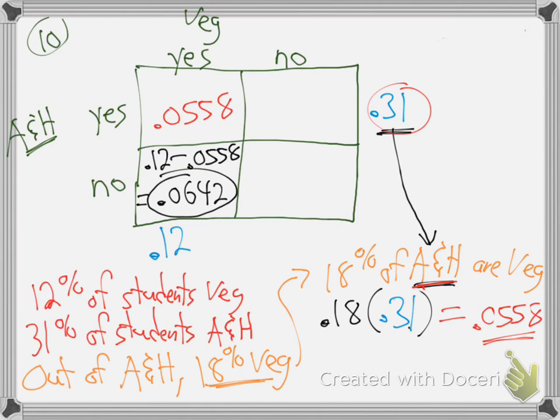Right, good. So I'm just doing it by subtraction now, like normal, right? Same thing up here. 0.31 minus 0.0558. And I'm getting 0.2542.